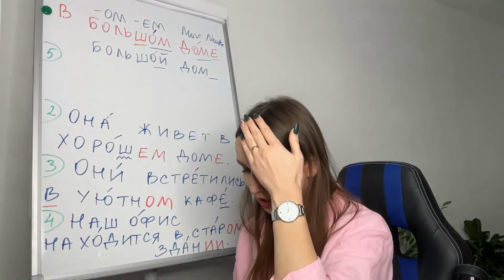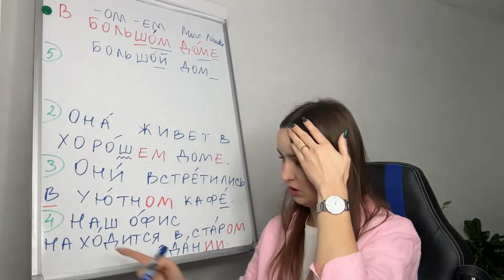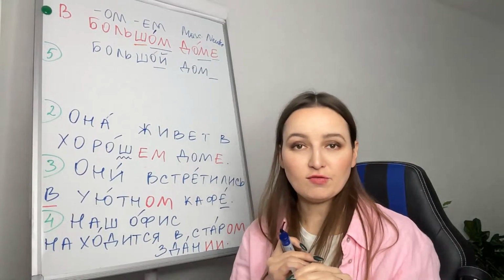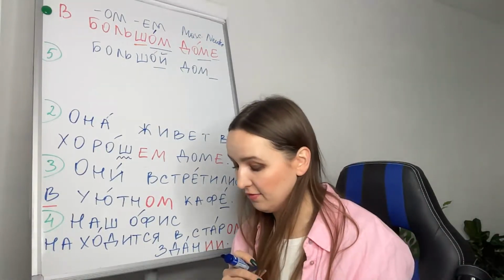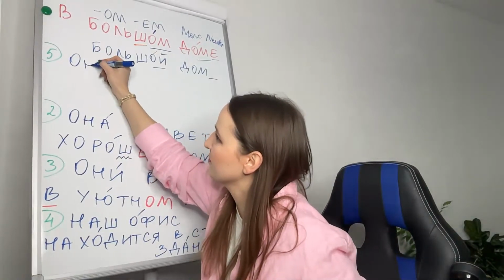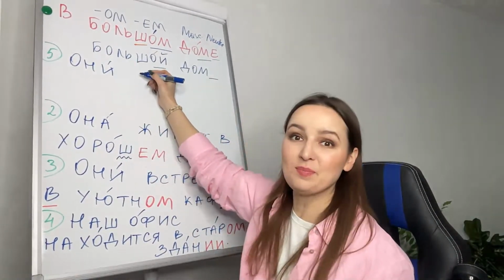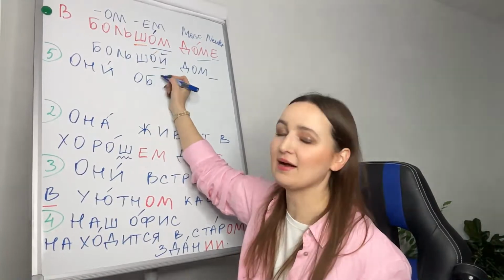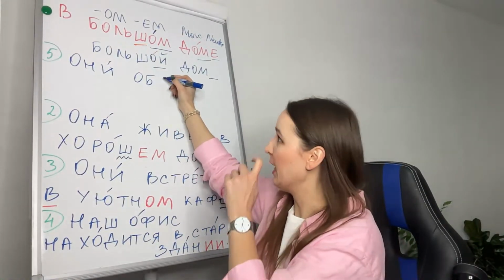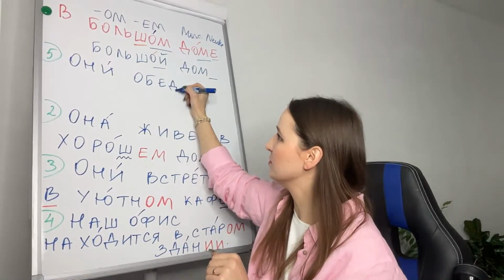Нет, номер 5. Да, правильно. Номер 5. They have lunch in a new restaurant. Они обедают, they have lunch, or they are having lunch, one present tense in the Russian language.